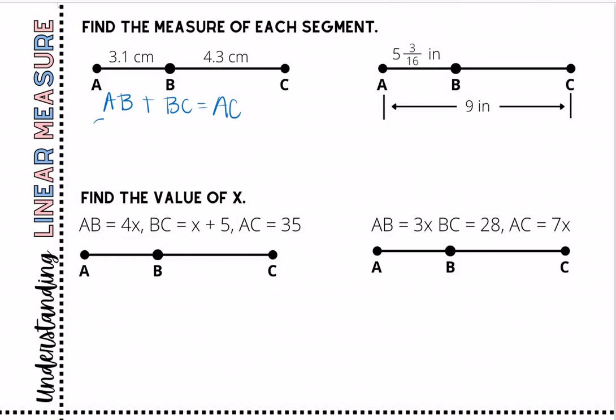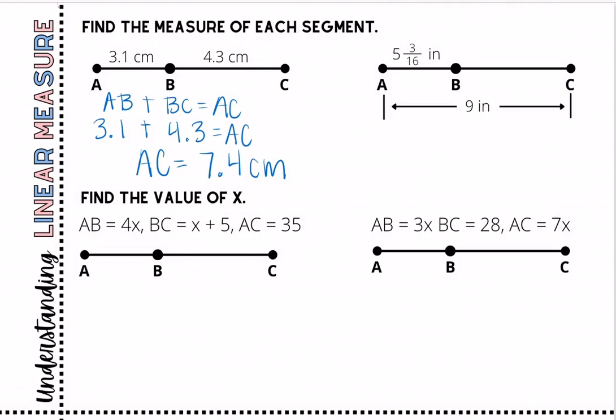AB is 3.1, BC is 4.3. So 3.1 plus 4.3 is 7.4. So AC is 7.4 centimeters. Remember, you have to put the unit of measure, the centimeters. That's an important thing to do.